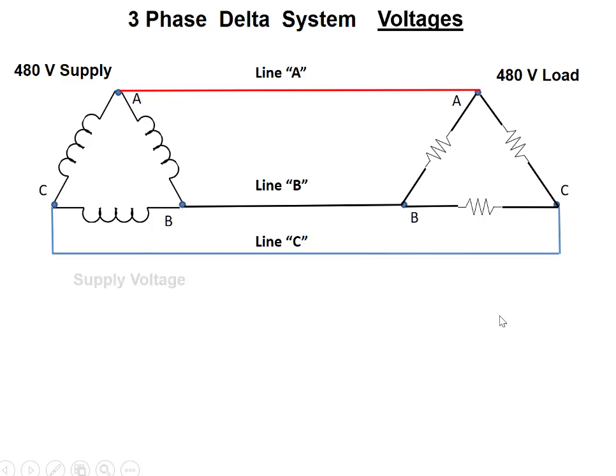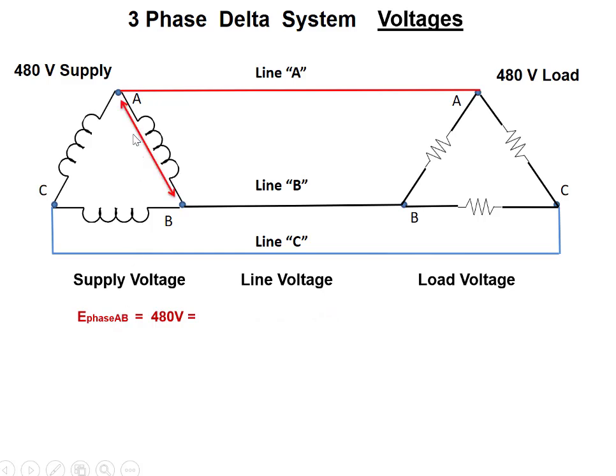But the voltage that phase A to B produces, because it's connected across line A and B, is the line voltage. So the 480 volts we have at the phase winding, A to B, is the line voltage, A to B, and is also the voltage that the load in phase A to B sees as well. So the line and phase voltage are the same thing for phase A to B at my load.